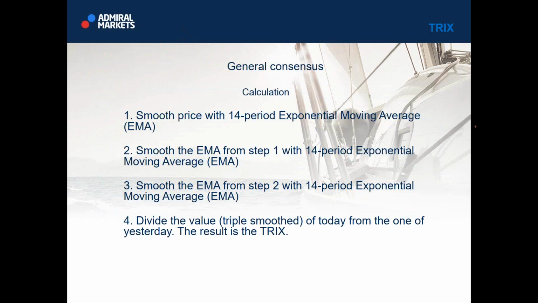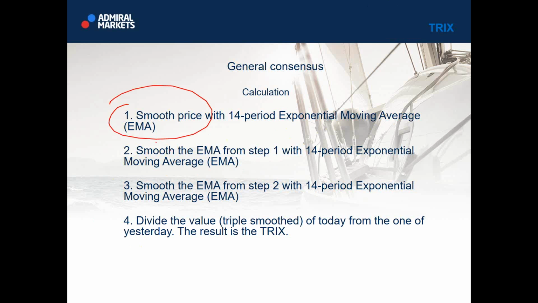So the general consensus for TRIX is that it is both an overbought/oversold, or OBOS, indicator, but also a momentum indicator. Now, the calculation for TRIX is pretty easy. You smooth price with a 40 period exponential moving average. Then you smooth the EMA from this step with a 14 period exponential moving average.